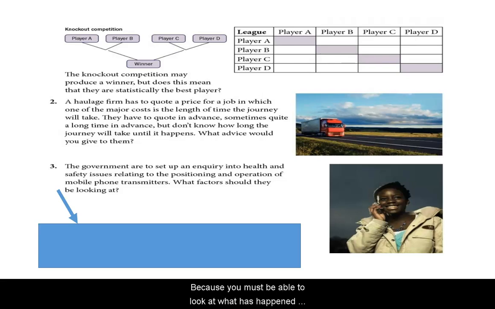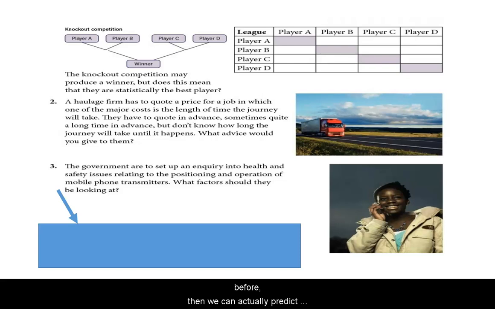Because you must be able to look at what has happened before and predict what is likely to happen. The likelihood of what is going to happen depends on what has already happened. Later on in statistics, when we look at probability, we will be looking at the likelihood of something happening by looking at what has already happened.